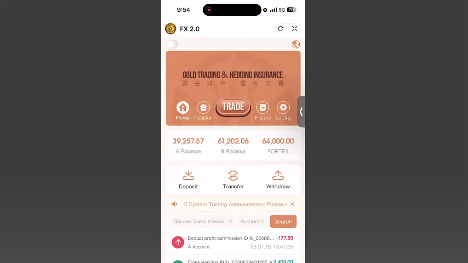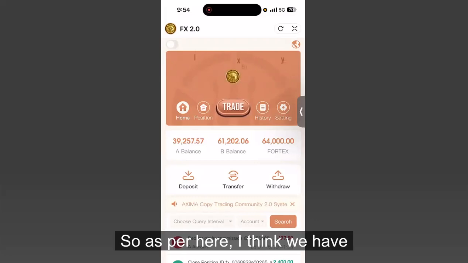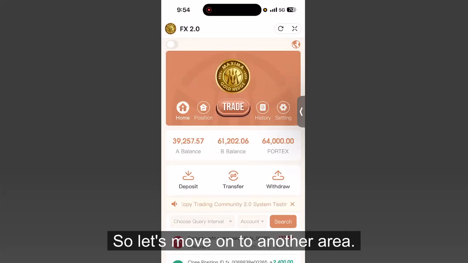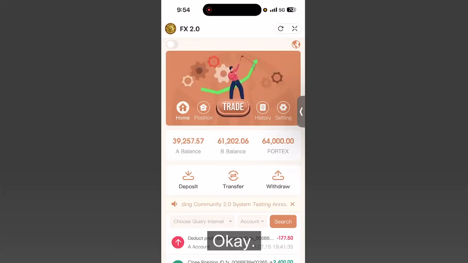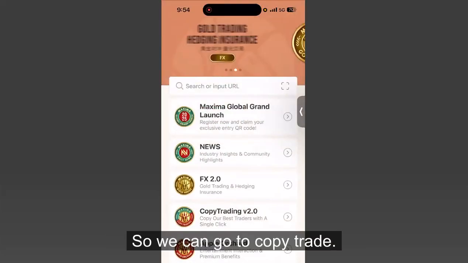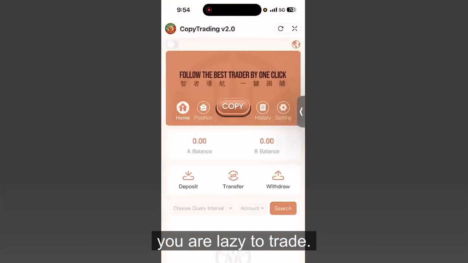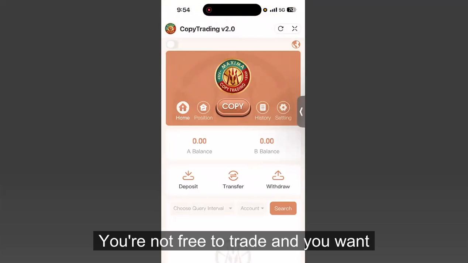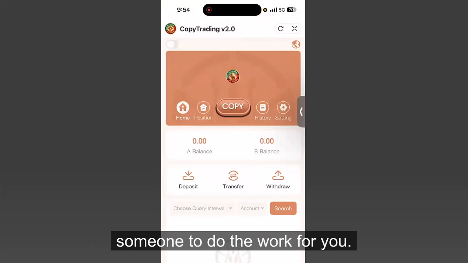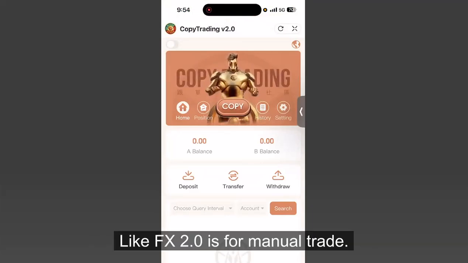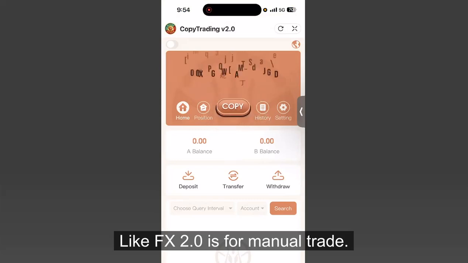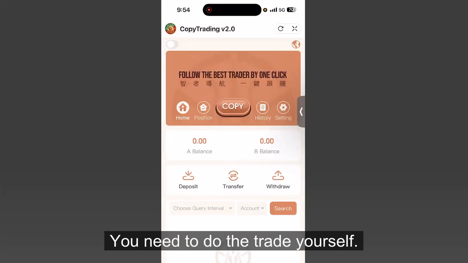Okay, as per here, I think we have done already, so let's move on to another area. We can go to copy trade. For copy trade, this area is where you are lazy to trade, or not free to trade, and you want someone to do the work for you. FX 2.0 is for manual trading, where you need to do the trade yourself.